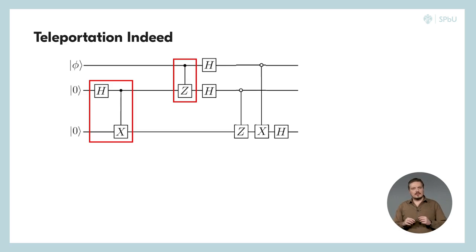We could, of course. But imagine that by the time of the spaceship start, the state phi was not yet calculated. The first particle does not take part in the preliminary procedure, so we can prepare it later, even when the third particle is very far.